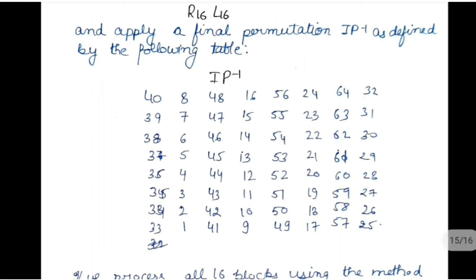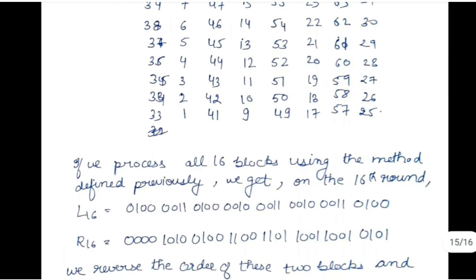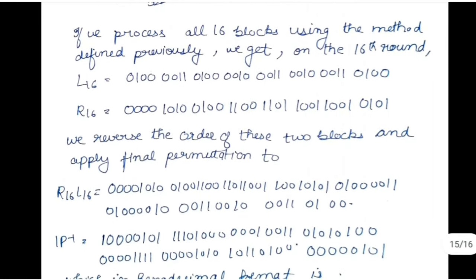We will combine the values of R16 and L16, putting R16 first, and the 40th bit of R16 L16 will be the first bit of IP inverse, and the 8th bit of R16 L16 will be the second bit of IP inverse, and similarly we do this for the rest.